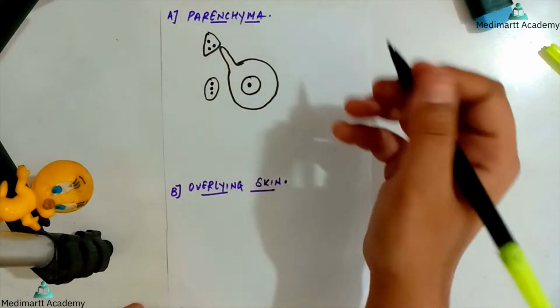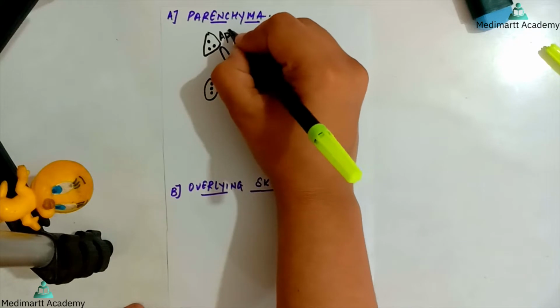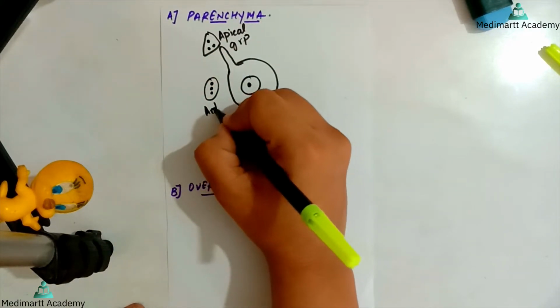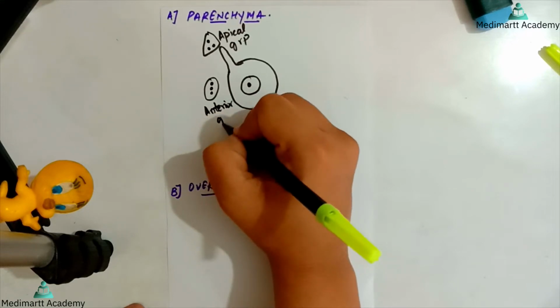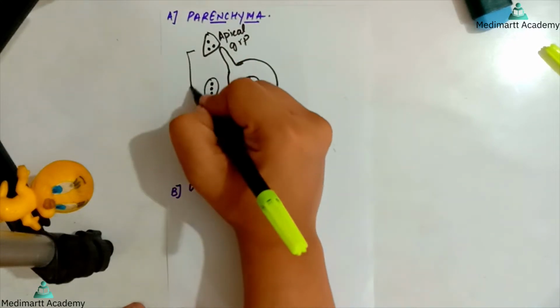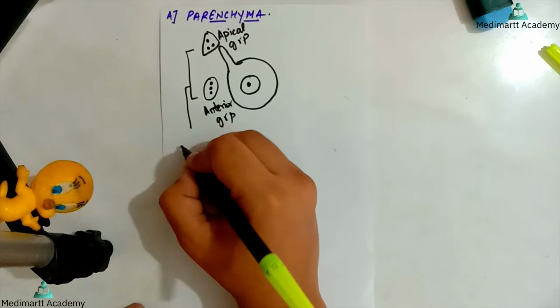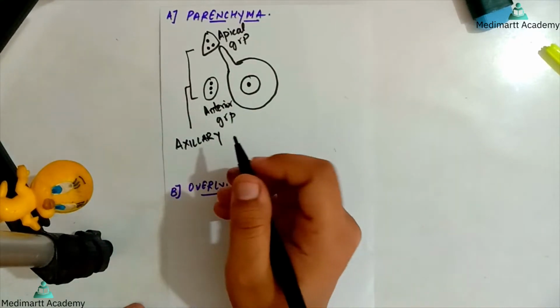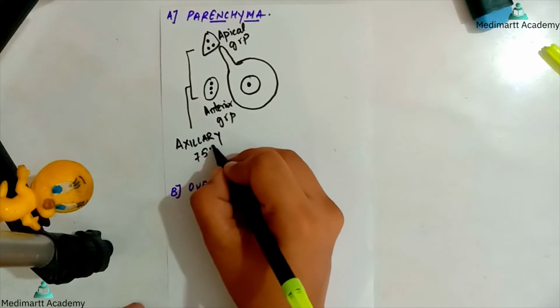Okay, I will just name it apical group. This is the anterior group, and these form the axillary nodes. I'm not writing nodes over here. Axillary nodes, which we know is the 75%.